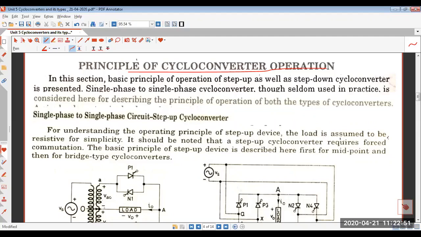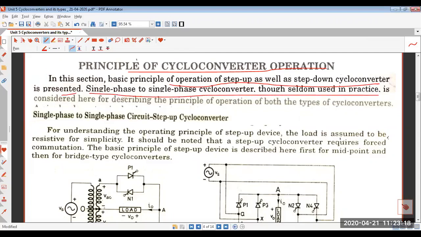Just for the sake of understanding the principle of operation of a cycloconverter, here we will try to understand the principle through a single phase to single phase cycloconverter, right? The basic principle of operation of step up as well as step down cycloconverter is presented here. The single phase to single phase cycloconverter is seldom used in practice.